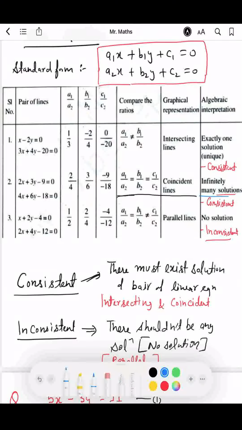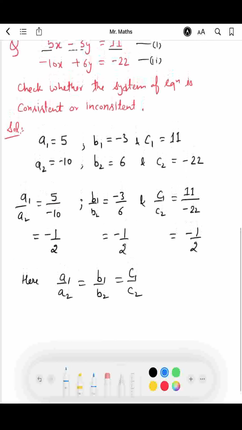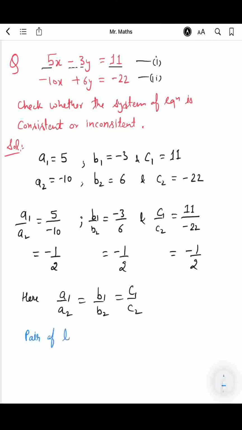So all three conditions are correlated. As soon as you get the idea that the ratios are equal, you can infer that the pair of linear equations will have a coincident representation on the graph.